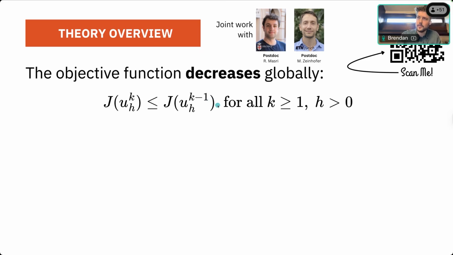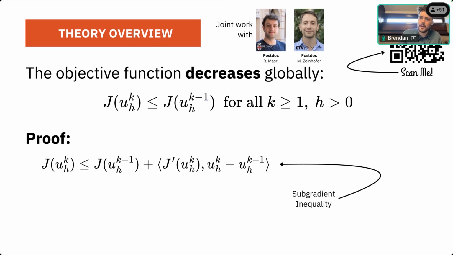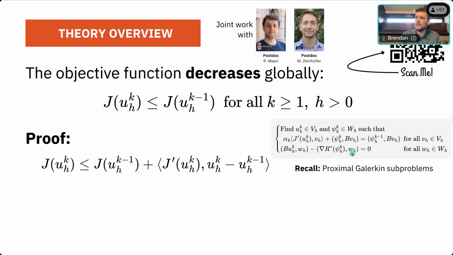It will always decrease for every compatible Galerkin approximation. The proof is actually just a few lines showing that somehow the Galerkin approximation is preserving the structure of the original algorithm. So the first step is just the standard subgradient inequality, and every other step just involves using the definitions of the proximal Galerkin subproblems with different choices of test functions.